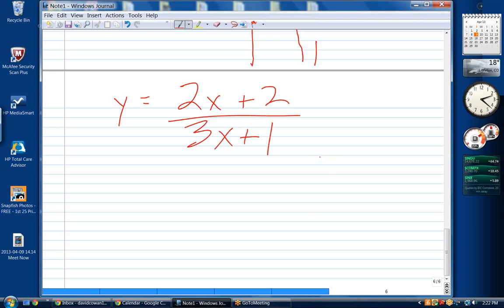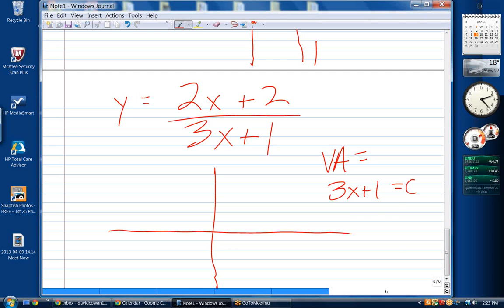What's the vertical asymptote? So 2 or -2? No, make the denominator equal 0, and whatever the x value is, that's the vertical asymptote. In other words, I'm going to solve this equation: 3x plus 1 equals 0.